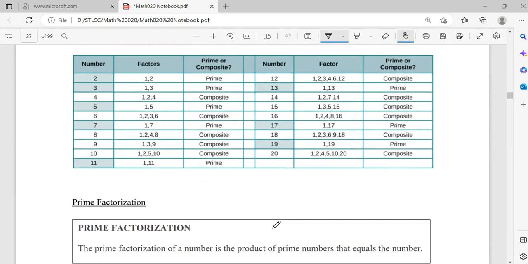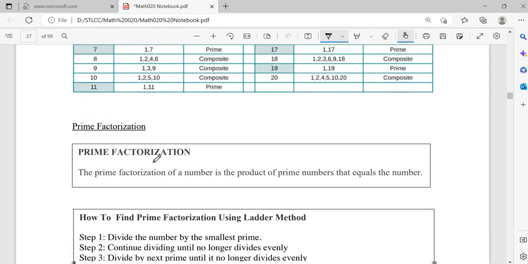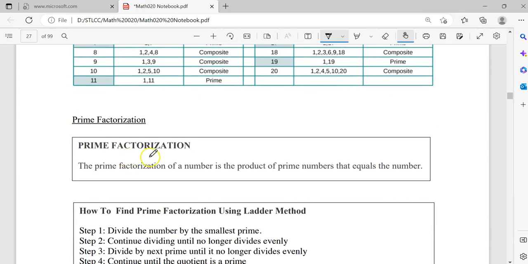Okay. So prime factorization is the process of breaking your numbers into their factors. The prime factorization of a number is the product of prime numbers that equals the number.